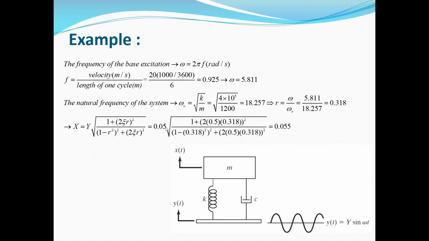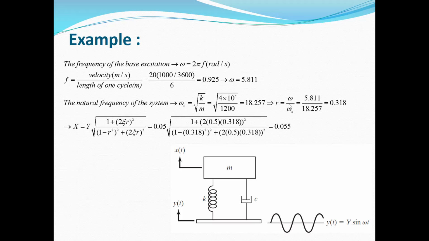So when the height of the base surface is 0.05 meter, or about 5 centimeters, you can see that the car, or this mass M, will move in the X direction by 5.5 centimeters, or 0.055 meter. So this is the maximum amplitude of the response for this value of the frequency ratio.